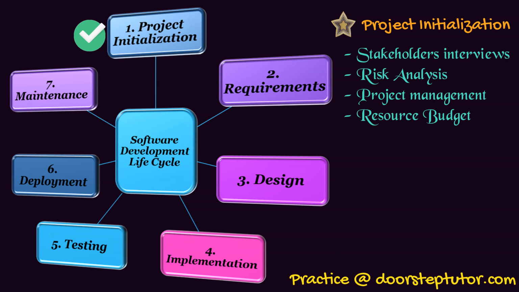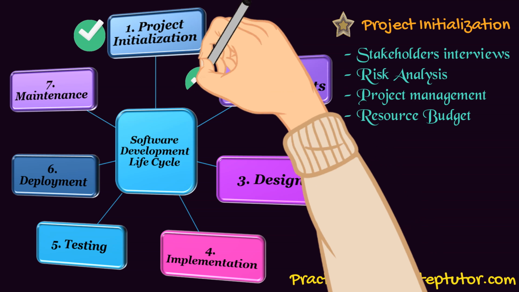Then there is the risk analysis. We must know what the risk will be in producing that kind of project too. Then we must have proper planning for the project and resources also. We must know the cost estimation and the time estimation for preparing that particular project.